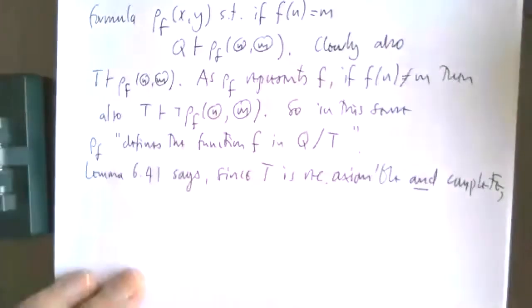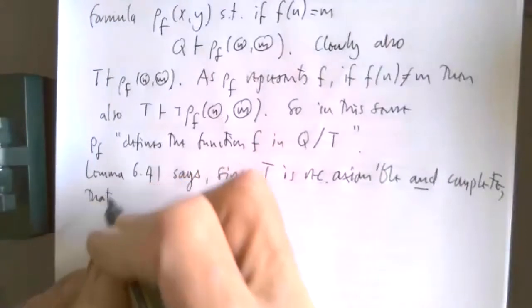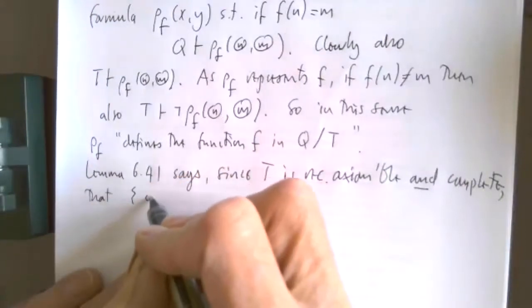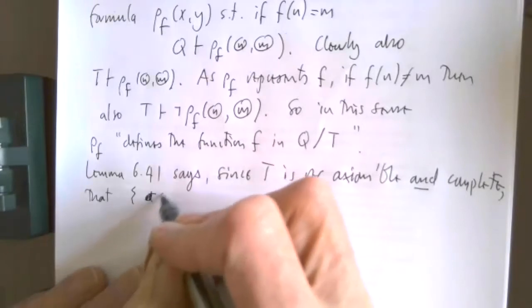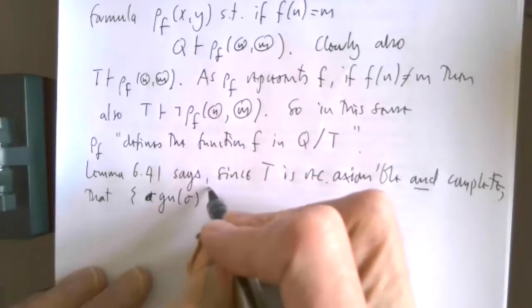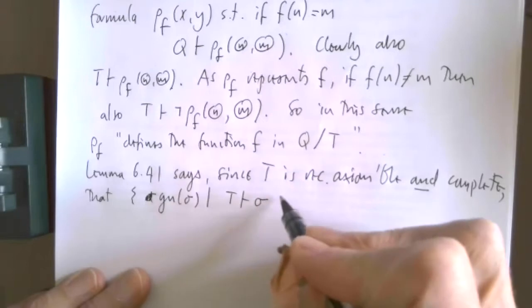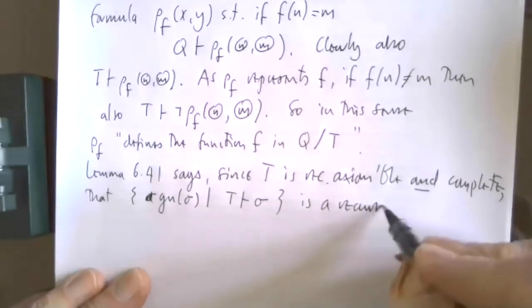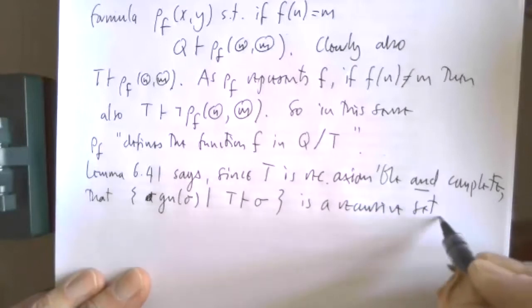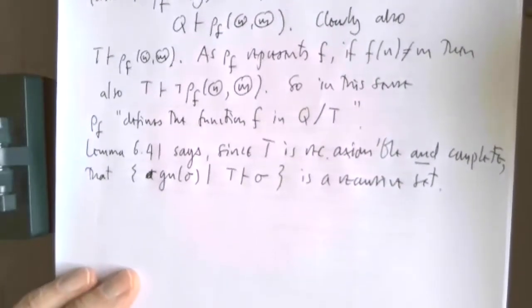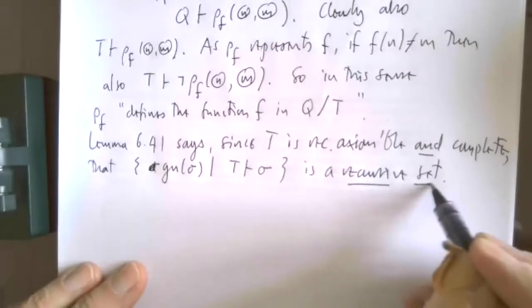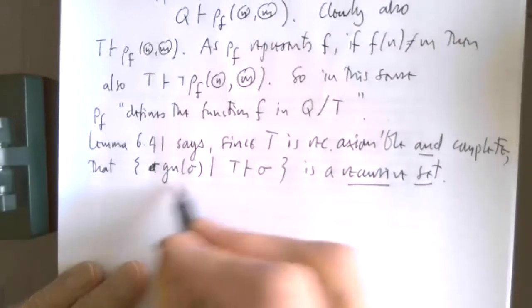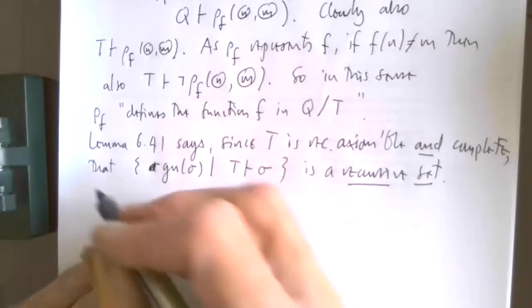We're assuming for a contradiction that the set of Gödel numbers of sigma such that T proves sigma is a recursive set. So the characteristic function of this set of numbers is a recursive function.